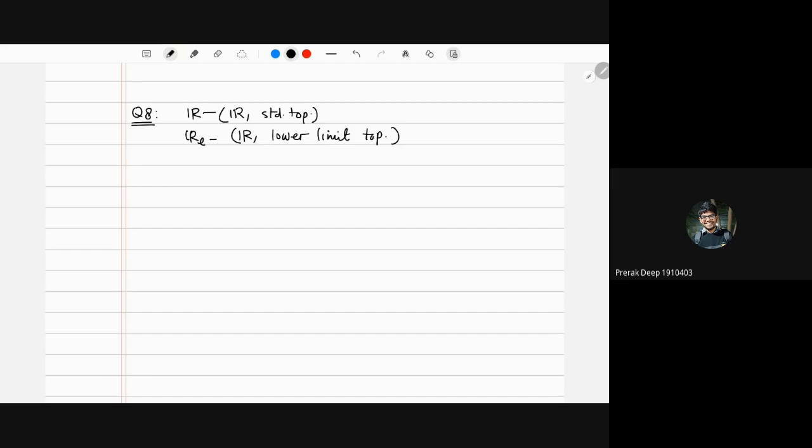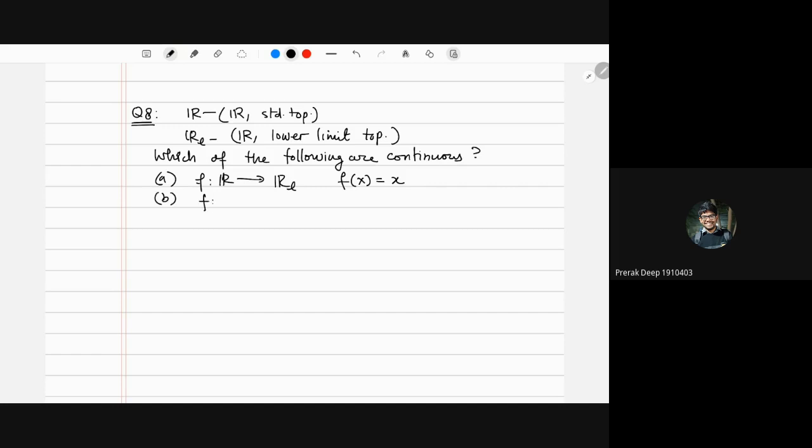Okay, now the question is, which of the following are continuous? Option A, function from R to RL defined by f(x) is equal to x.